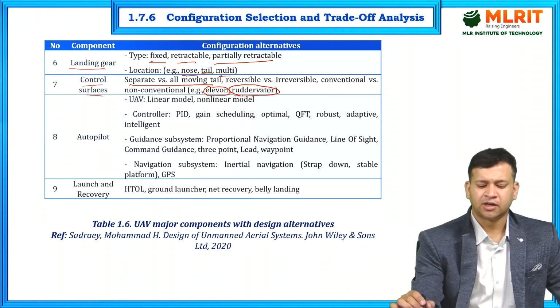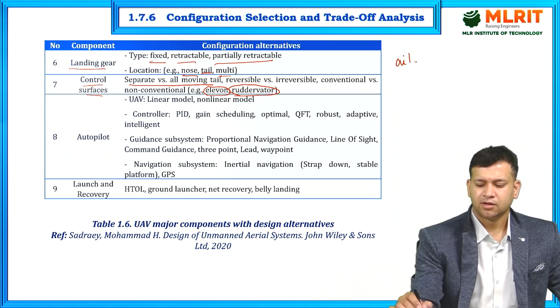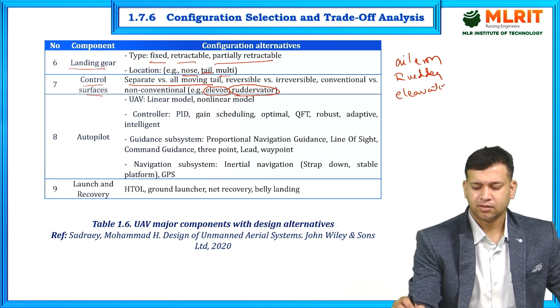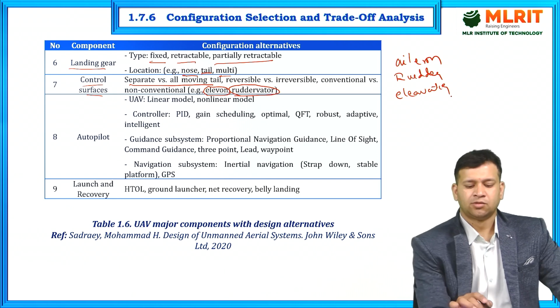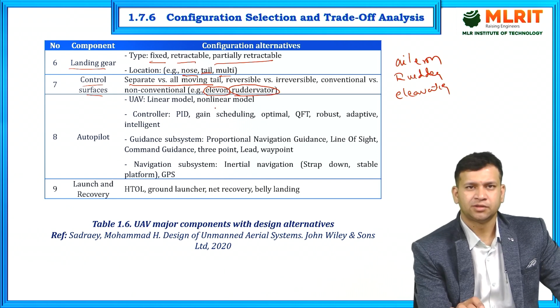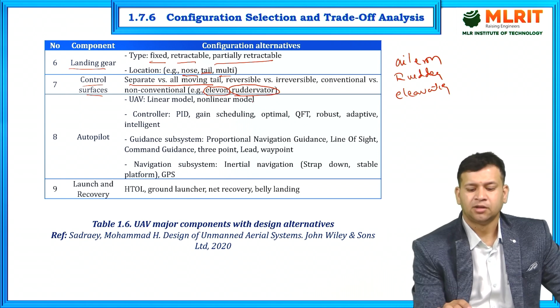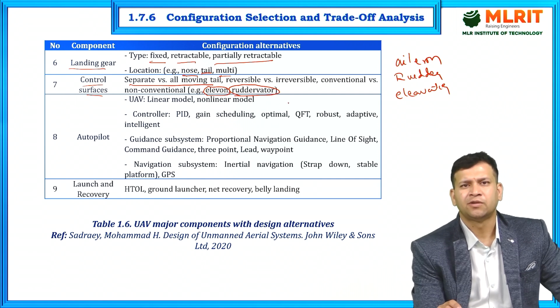Already we have control surfaces like aileron, rudder, then elevator. So we may have combinations of these: elevon, that is a combination of aileron and elevator. Then we have a combination of rudder and elevator, that is a ruddervator. Depending upon the requirement, we can merge them.